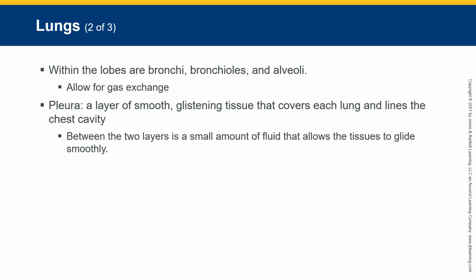Between the two layers is a small amount of fluid that allows the tissues to glide smoothly. There's a lot of fluid in your body. It's not just blood or your spinal fluid. It helps things float around. Everything in your body is attached to something that's usually free floating.